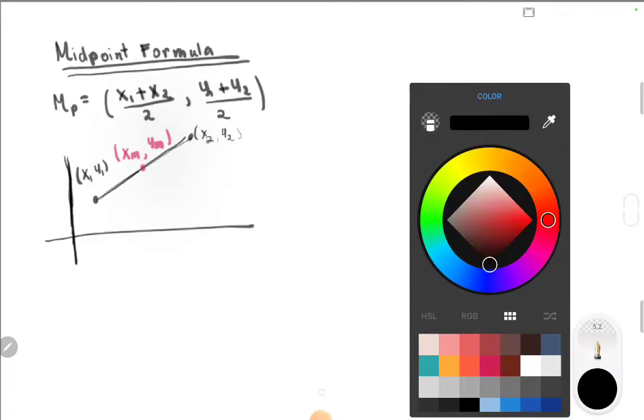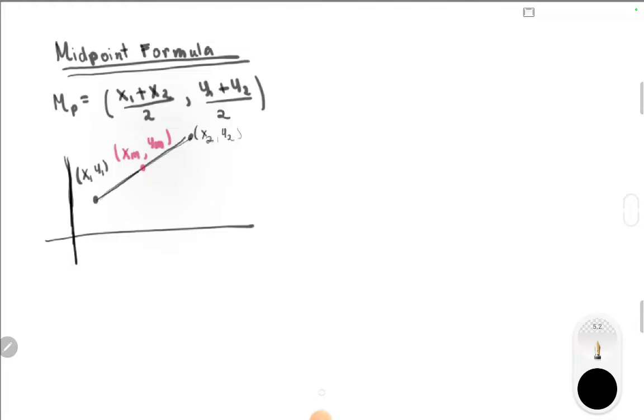Okay, so since our midpoint is equidistant to these two endpoints, therefore I may say that if I would create my d1 here and my d2 here, I may say that my d1 must be equal to my d2 since xm and ym is my midpoint.